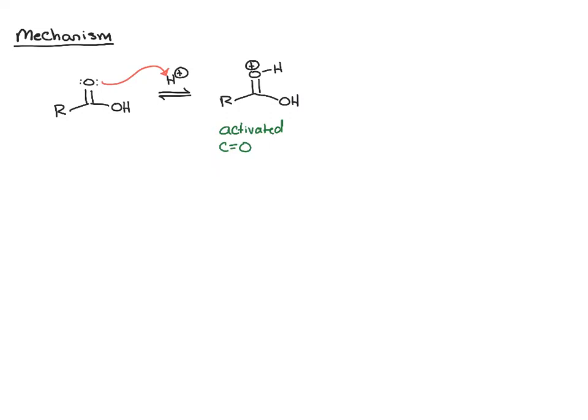So now when it comes in close contact to an alcohol, like methanol, which really isn't very reactive, but the reactive component is the activated carbonyl, so those two things can react. And the lone pair on the methanol oxygen attacks the activated carbonyl carbon, and we'll push those electrons up to the positive charge.